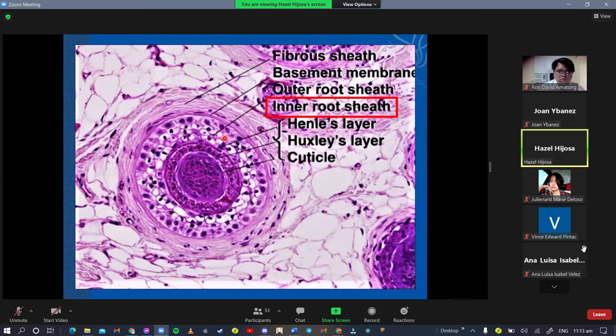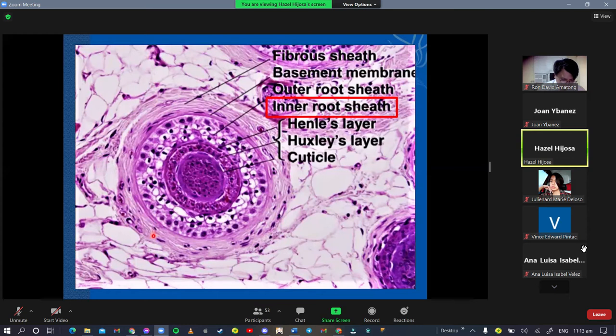And this fibrous sheath here is the condensation of the fibrous connective tissue of the dermis. So this forms the dermal root sheath, the outermost covering of the hair follicle.